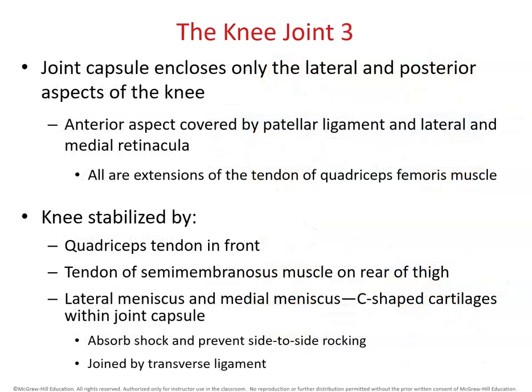There's a joint capsule, but it only encloses the lateral and posterior portions of the knee. Okay, so the knee is stabilized by a quadriceps tendon in the front, semimembranosus tendon that's at the back of the thigh, and the lateral meniscus and the medial meniscus, which are C-shaped cartilages found inside of the joint capsule.